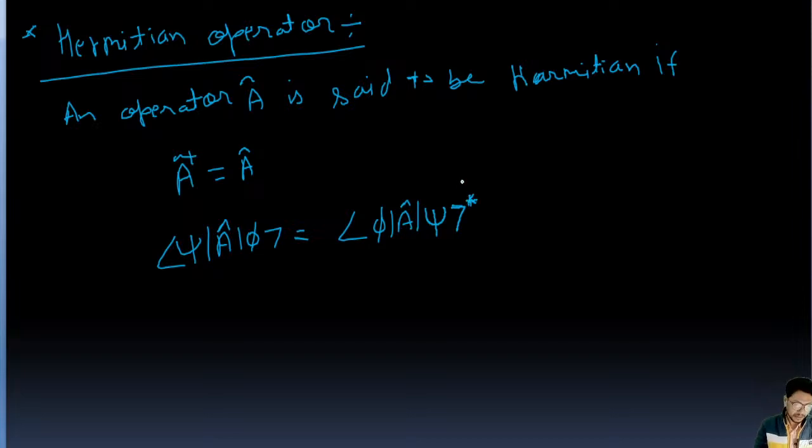You can write it like this as well. So an operator is said to be Hermitian if A dagger equals A, or this.